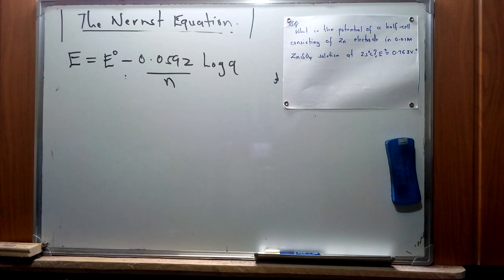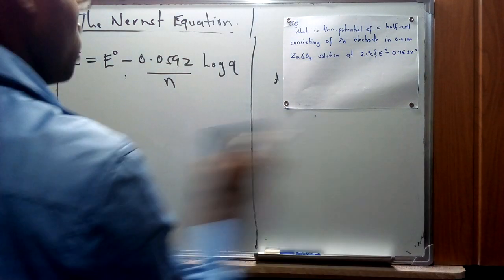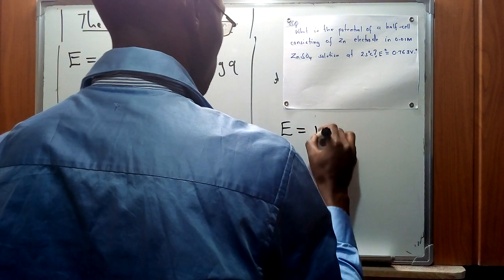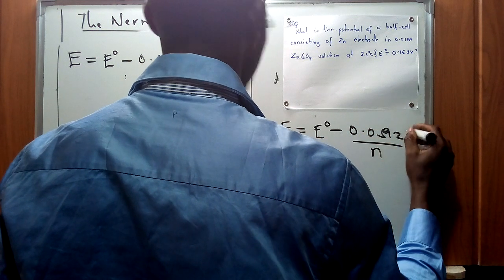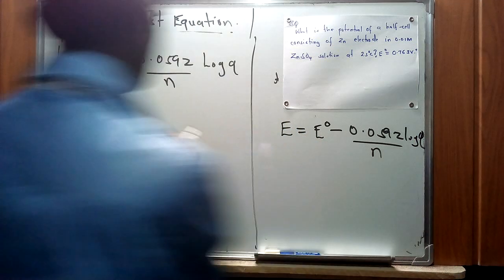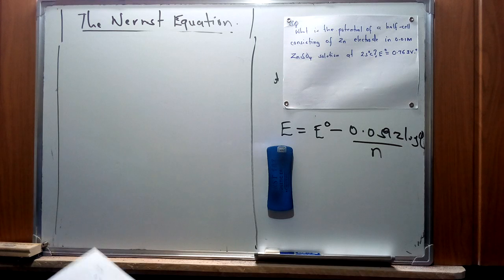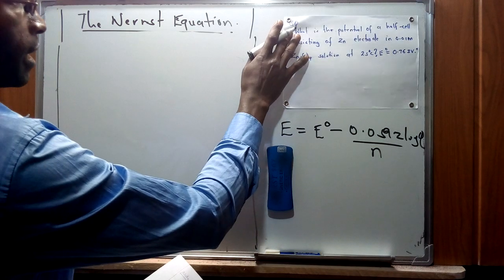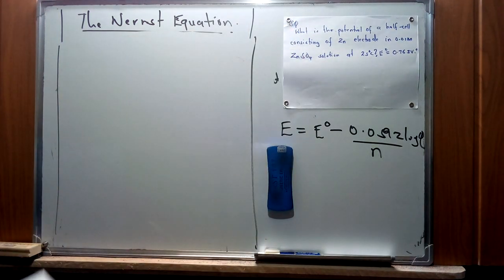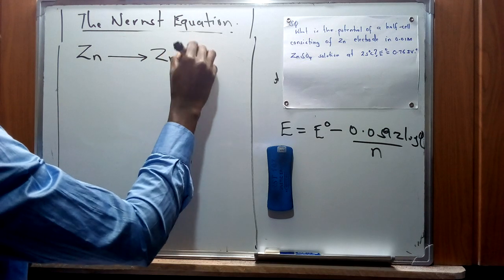So the approach is to use E standard minus 0.0592 over n log of Q. So we're going to use that Nernst form of the equation. For zinc in a 0.01 molar zinc sulfate solution, we're going to experience an oxidation reaction of zinc being oxidized to zinc ions plus 2 electrons.